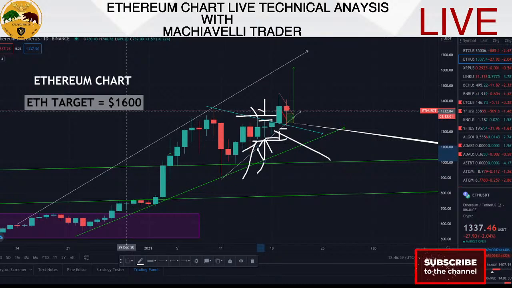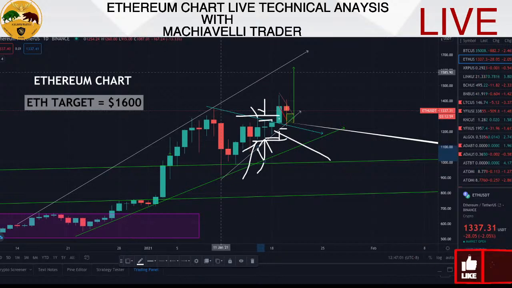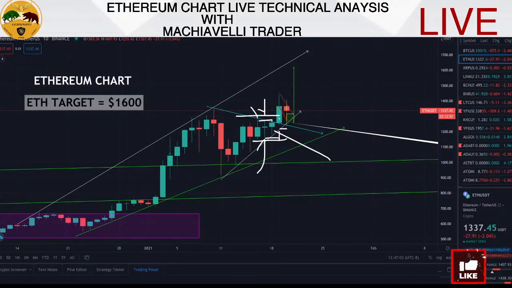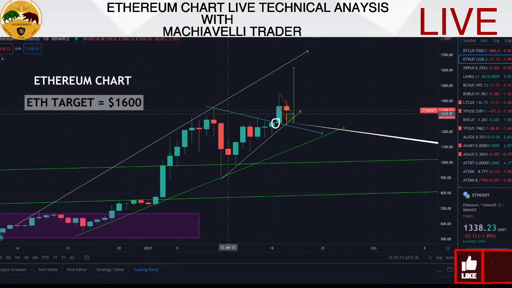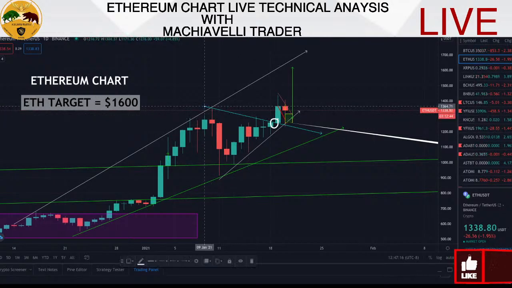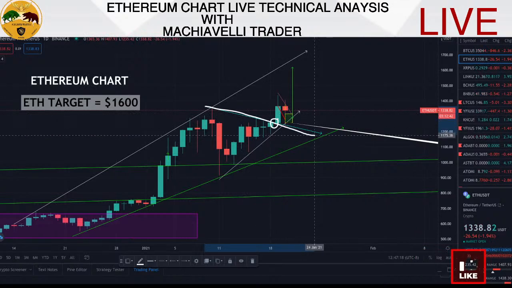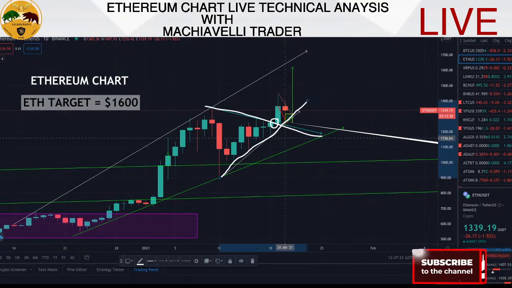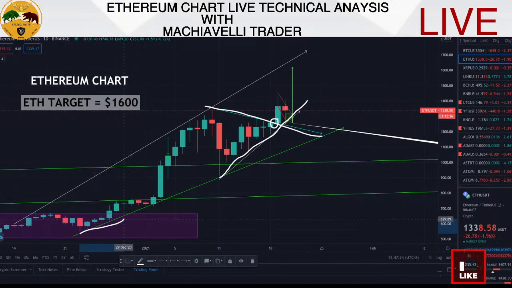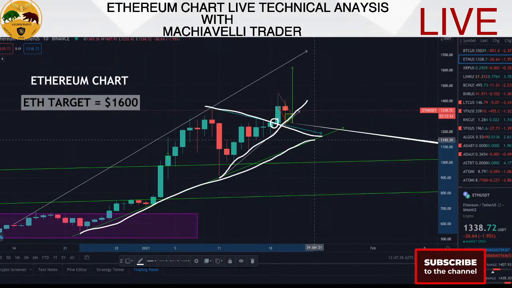When all this happened, it is likely showing us an indecision, a pause going on between buyers and sellers. And the funny thing is that this is actually happening just below the seller's line. This is the seller's line and this is the buyer's line. Also, this is another buyer's line. This is the support bulls line. So all this is support.